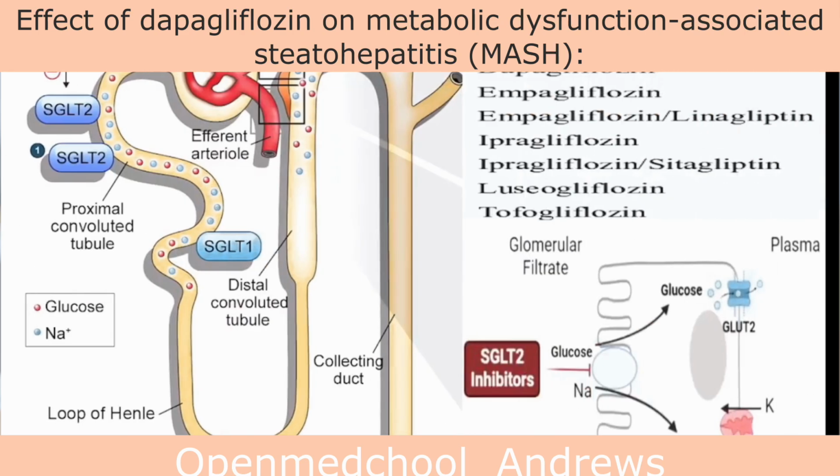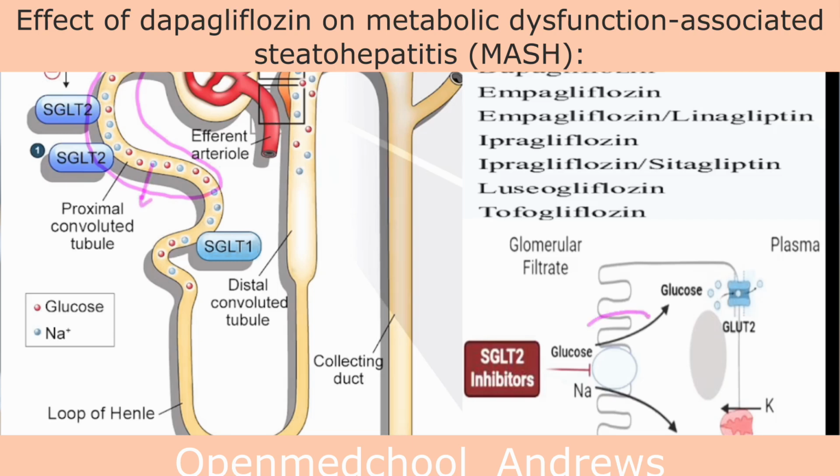As we know, the sodium glucose cotransporter 2, which is situated in the proximal convoluted tubule, causes reabsorption of glucose into the bloodstream.